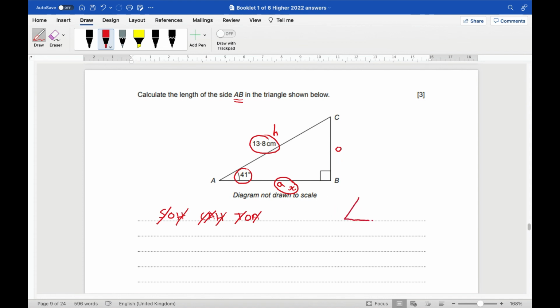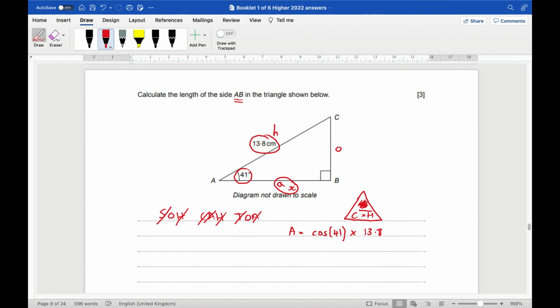So the triangle I'm using, go through all this method, please. Start with the C, then the A, then the H. Get them the right way round. In order to find the adjacent, it is C, which stands for cos of the angle, close the bracket, times H, which stands for hypotenuse, which is 13.8, into your calculator.